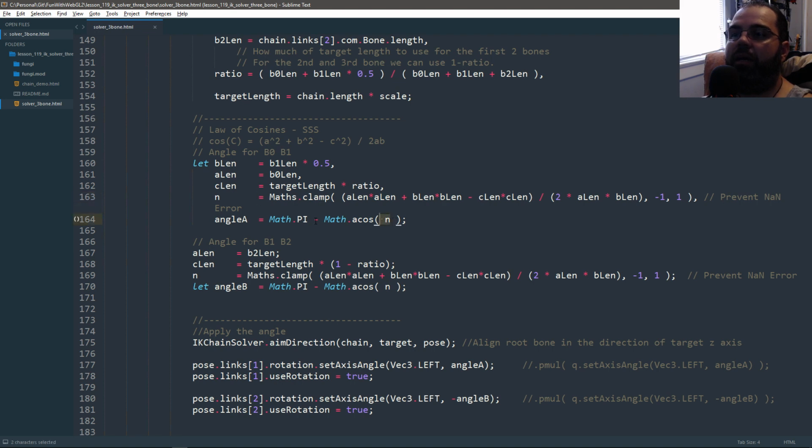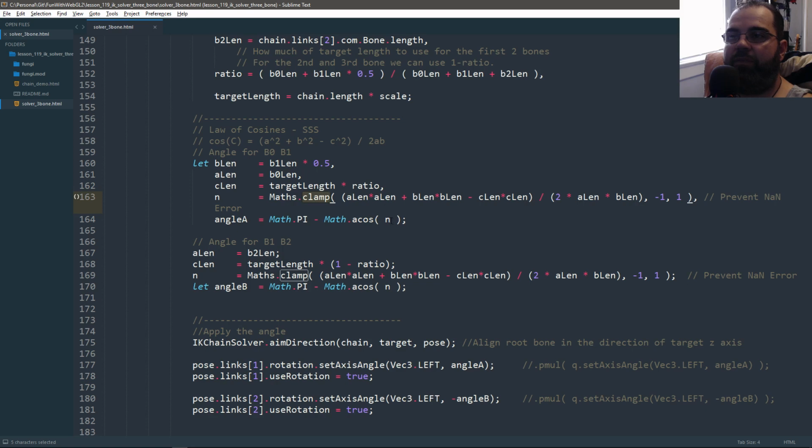I have to clamp it, because if you put a number outside the range into arc cosine, you get back NaN, and you don't actually get an error. JavaScript doesn't crash; it just treats NaN as a number value, and then everything gets screwy and it's hard to debug. So just keep that in mind when you're using arc cosine: you always have to clamp it between -1 and 1.